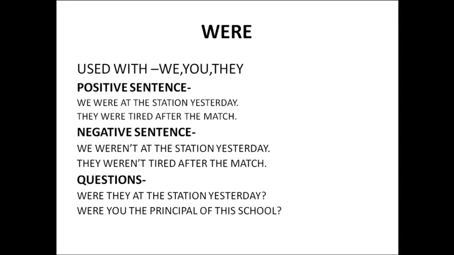They weren't tired after the match. And when you want to ask questions or in an interrogative sentence, you can say, were they at the station yesterday? Were you the principal of this school? Some simple sentences can be, were they happy? Were you working yesterday?